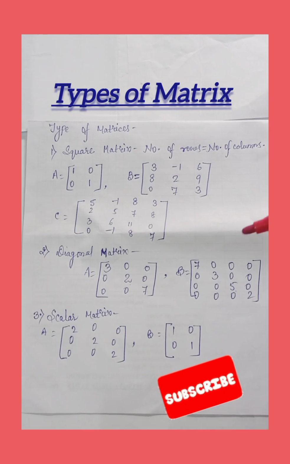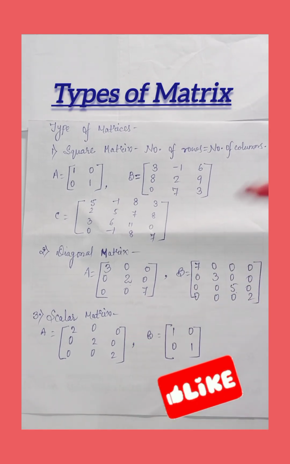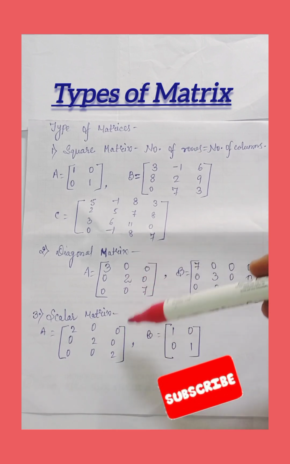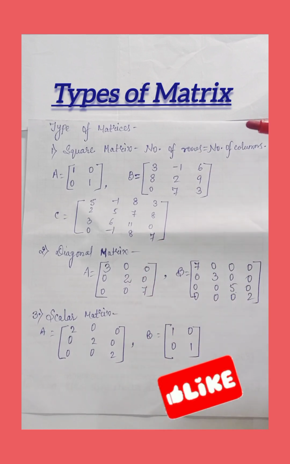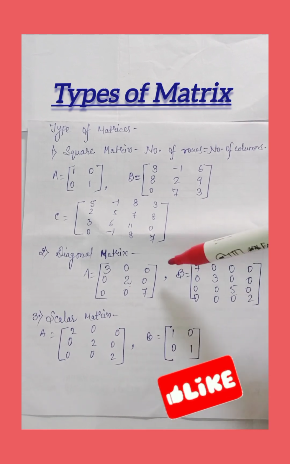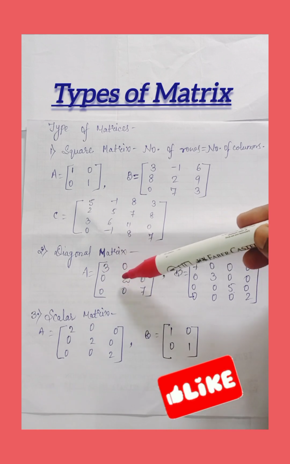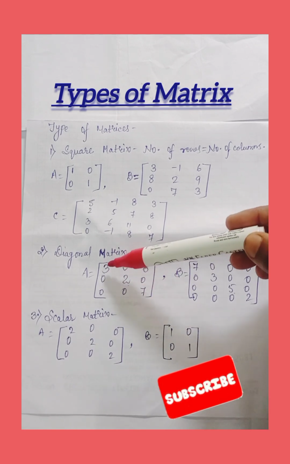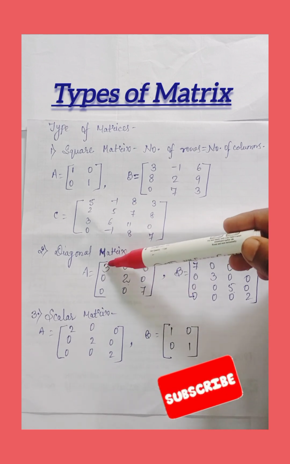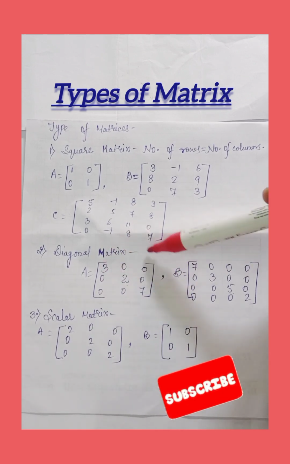Next type of matrix is the scalar matrix. Now you can see there is a similar concept in diagonal matrix and scalar matrix, but the main difference is in a diagonal matrix the diagonal elements exist, but they may be the same or they may be different numbers, like 3, 2, 7. So this is a kind of diagonal matrix.